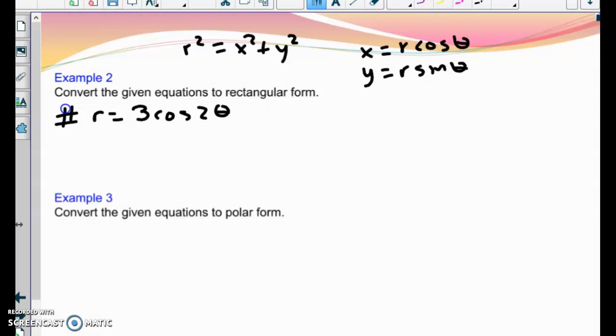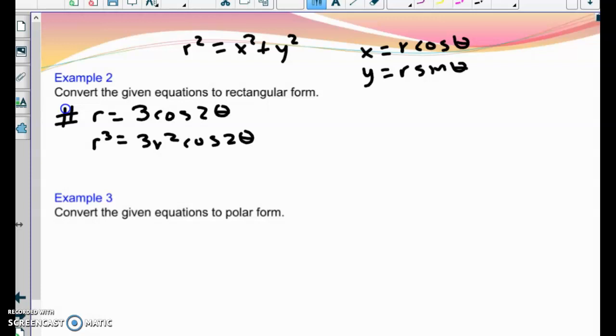The first thing that I'm going to do here is I'm going to multiply both sides by r squared. So I'm going to have r cubed equals 3r squared cosine 2 theta. Now on my sheet that I have all my formulas on, I'm going to go look at the double angle formula for cosine.